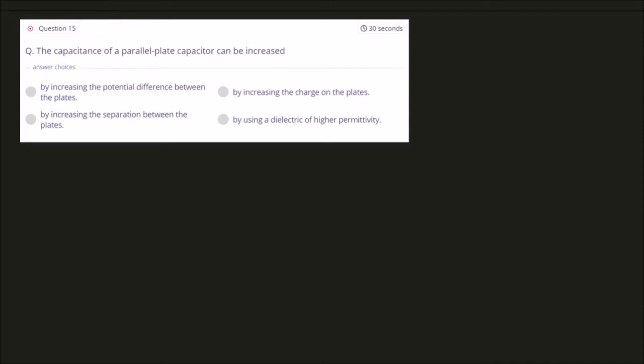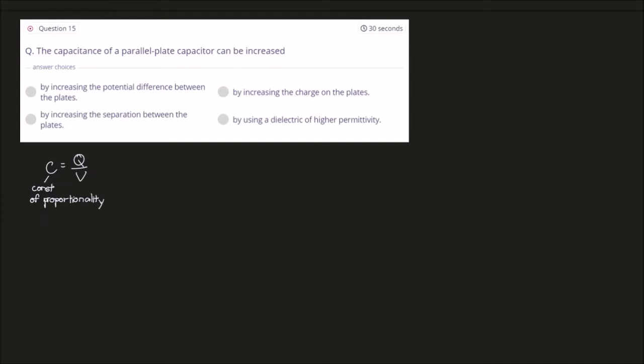Since many of you asked this question, I might as well explain it here. C equals Q over V. This C is actually a constant of proportionality, between charge and potential difference.